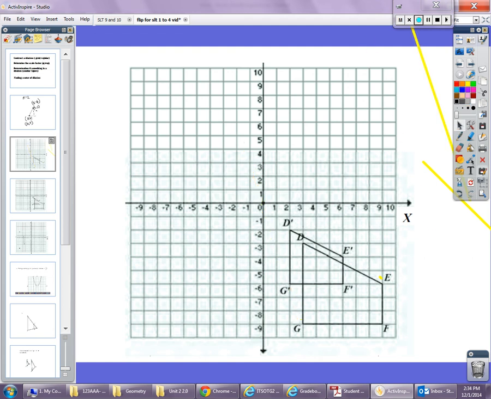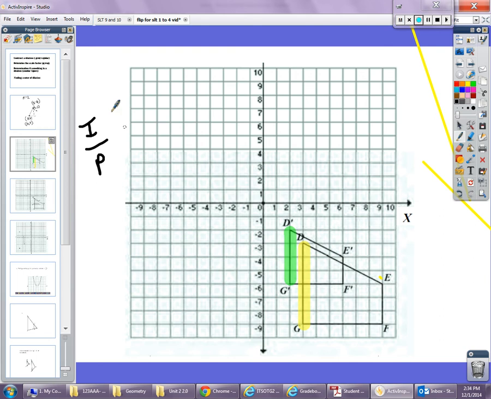All right, so if you measure corresponding parts, here's a corresponding part of the image. This would be that same corresponding part of the preimage. If you measure that with a ruler and do the length of the image divided by the length of the preimage, you will still get that same 2/3.